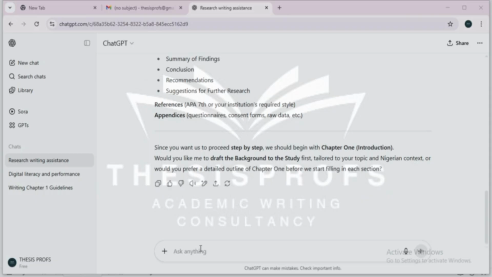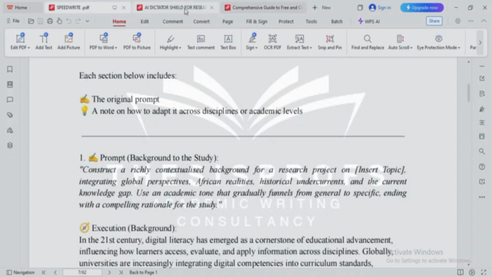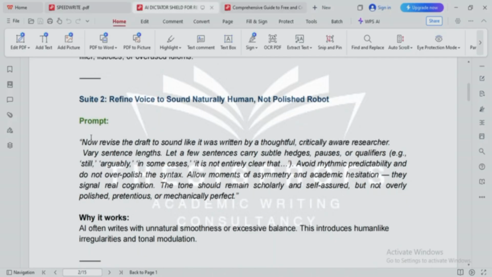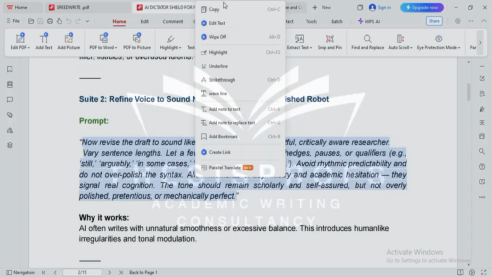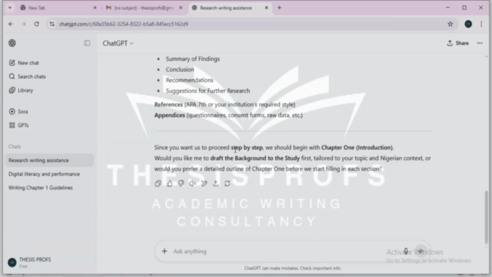Do you understand? Yes. So we want to draft background to the study. Now we've already given it a priming. Do you understand? So I perhaps may not copy this prompt. I may just come here and then I'm going to copy this. Now just watch me closely, watch what I'm going to do closely. So I'll come here and I'll paste it.